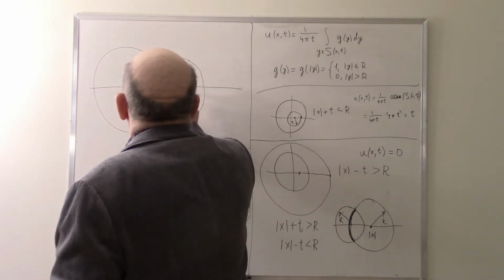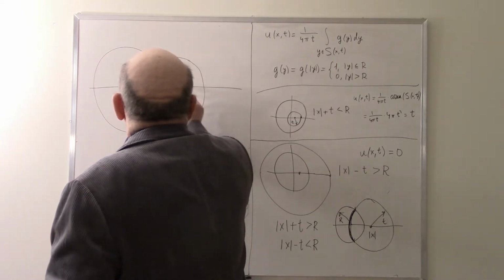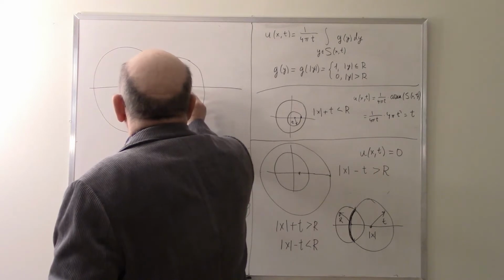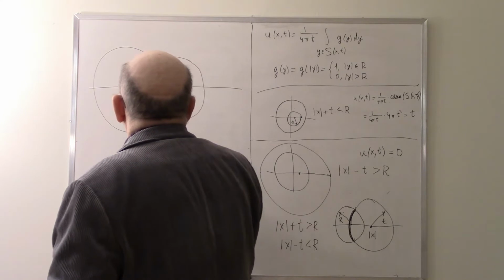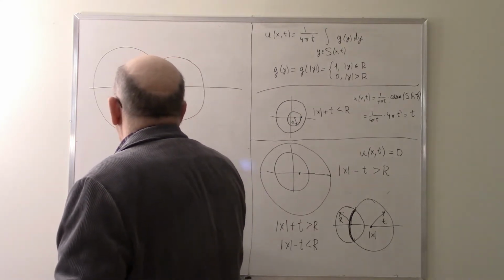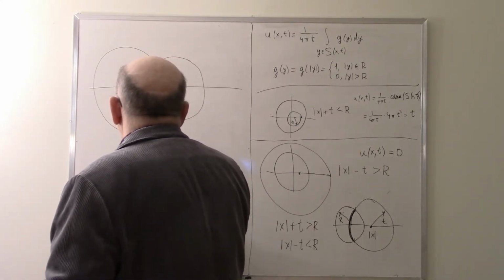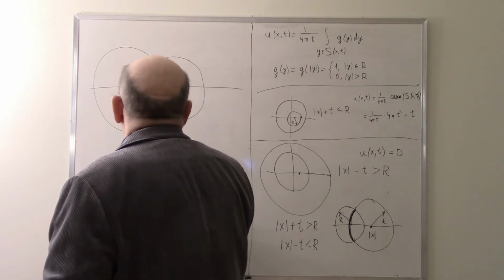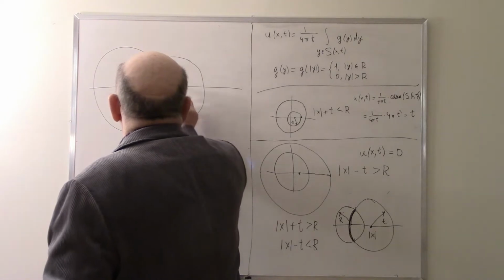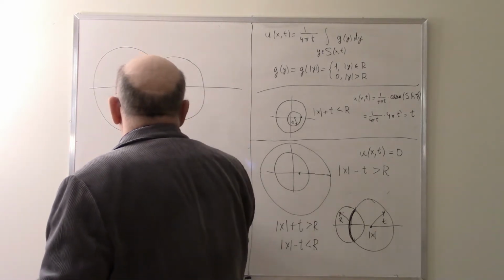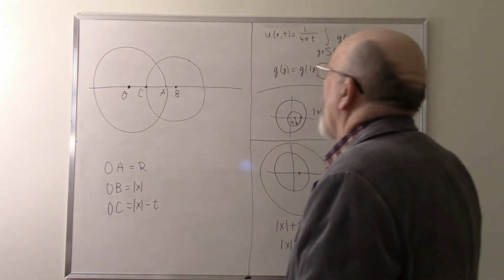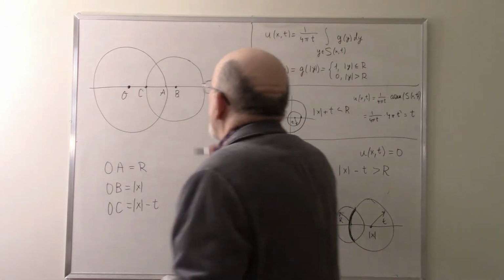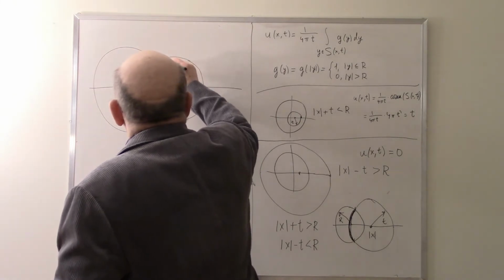So let us find it. OC equals modulus x minus t.